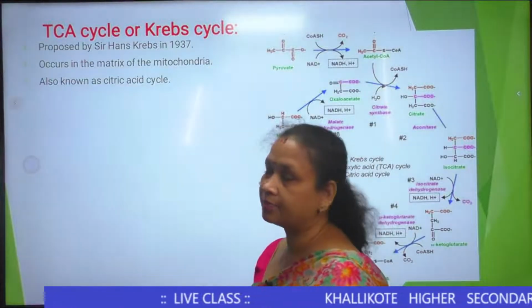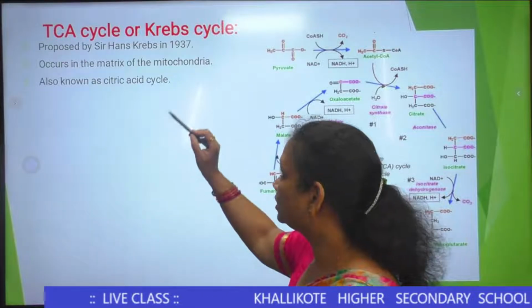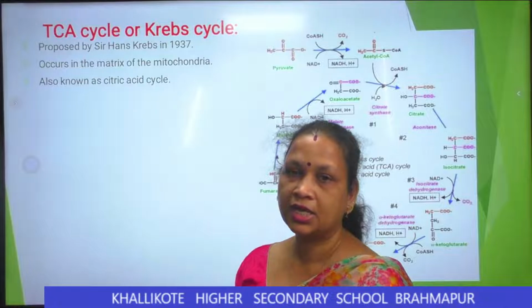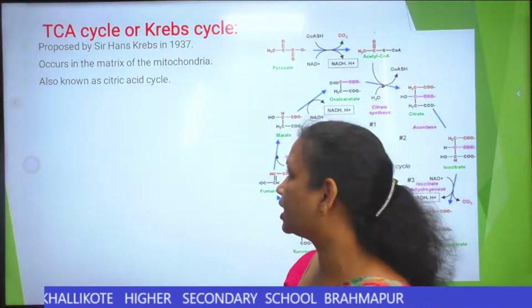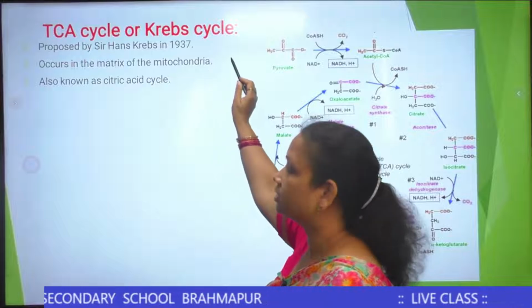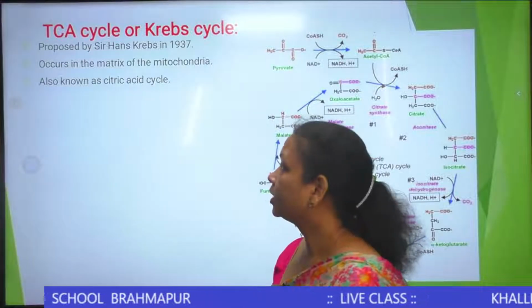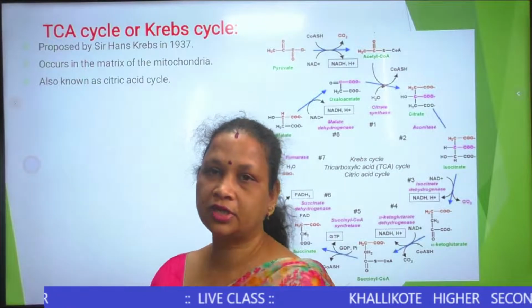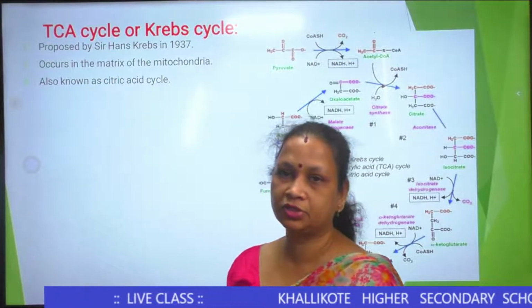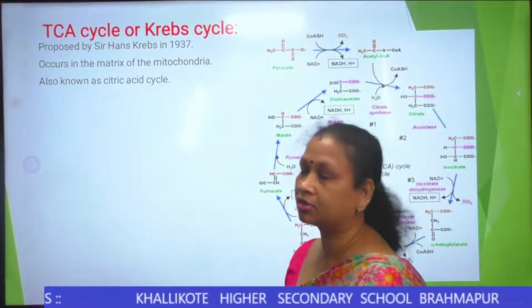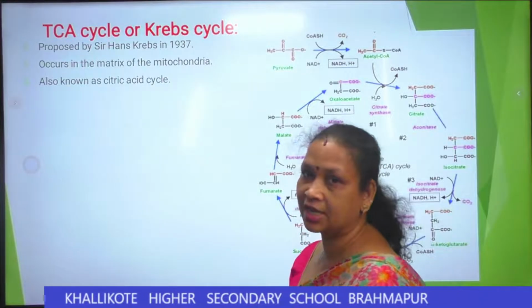It is known as the TCA cycle because the first product is a tricarboxylic acid or citric acid, and the Krebs cycle is named after him. Hans Krebs also won the Nobel Prize in 1953 for finding out the different steps of the TCA cycle.